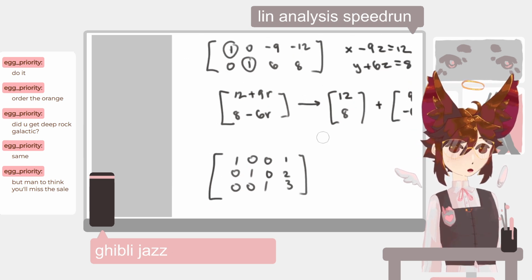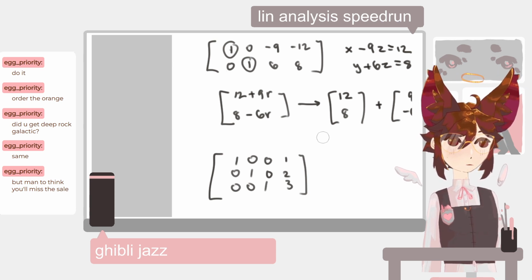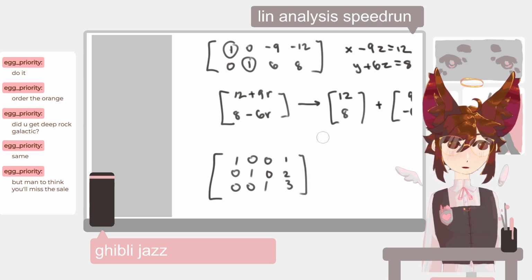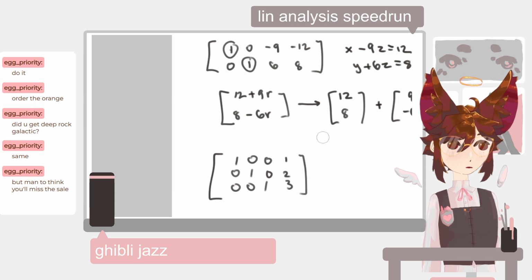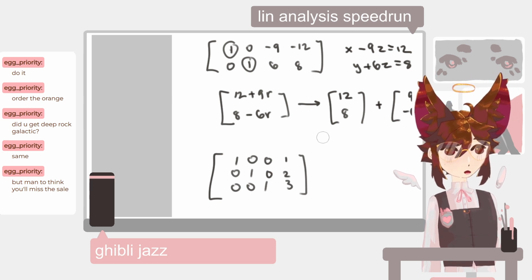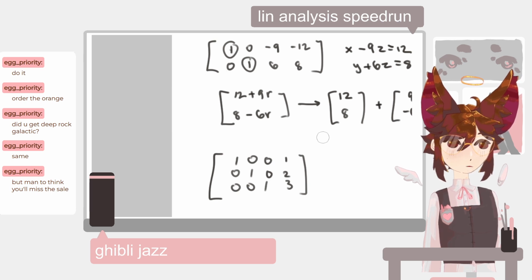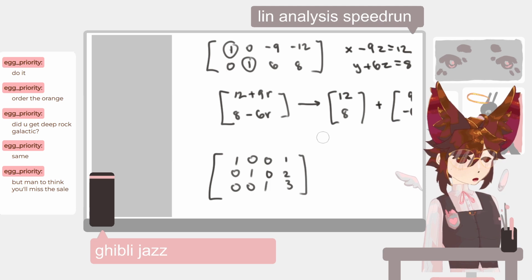I'll miss a sale. I'll buy it next month. I also bought another game this month, and I've been playing a lot of Minecraft. When I have a game, I try not to buy multiple games at once, because I get really into a game, and then I forget about the other one, and the newness of the other game kind of wears off, you know? But I do want to play.